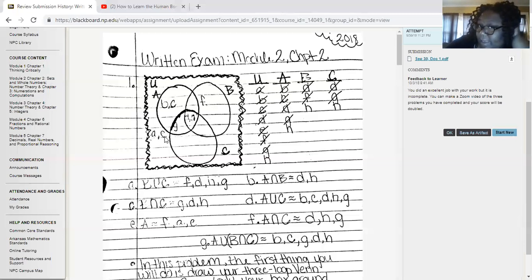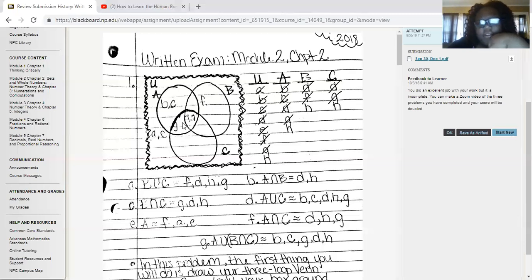Next, we're going to have F. So F is in capital U and capital B. So we have our F right here in the B home. So it's in the outside and the inside. Next, we have G. So G is in capital U, A, and C. All right.